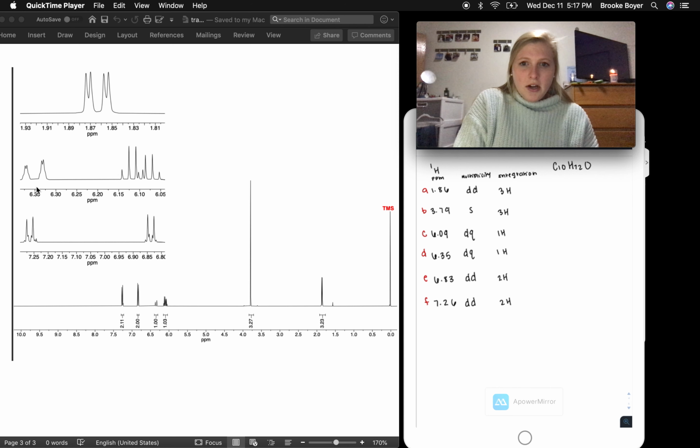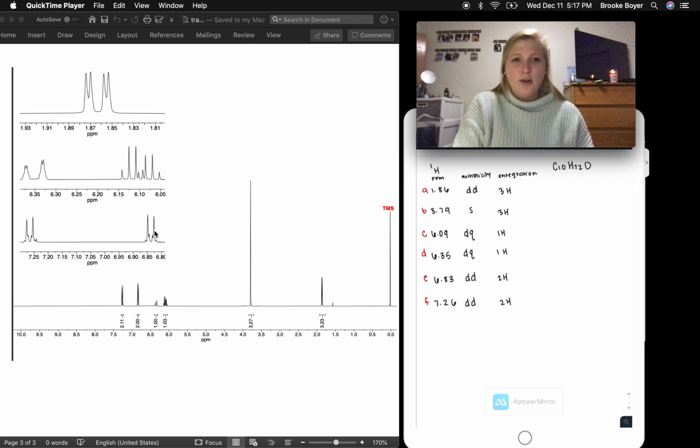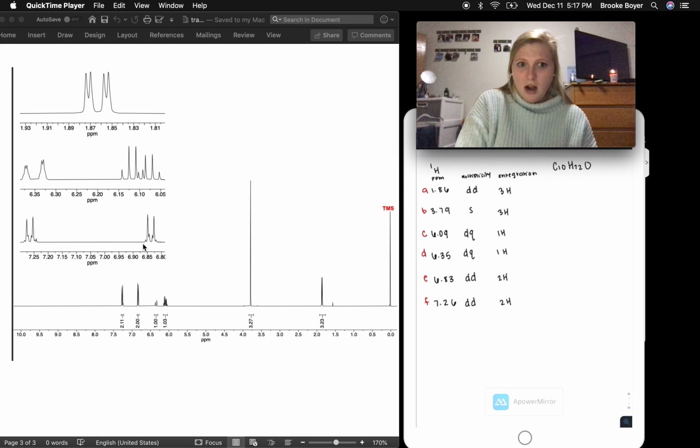C and D right here are both going to be doublet of quartets, with an integration of 1 for each of them. The next expanded region is E and F, and those look extremely similar. Those are doublet of doublets, and they each count for 2 hydrogens.